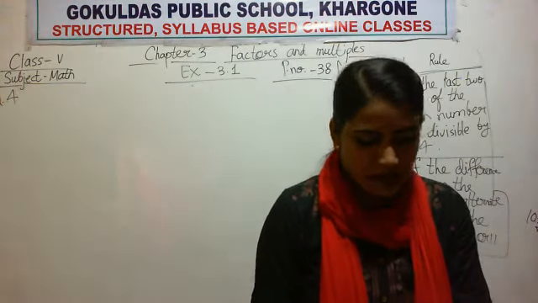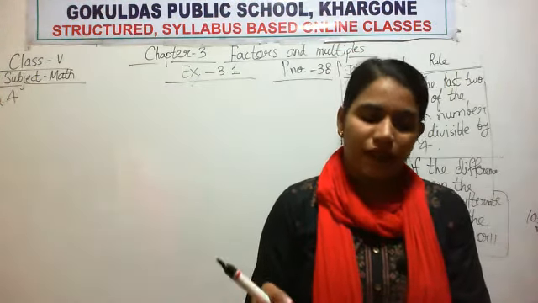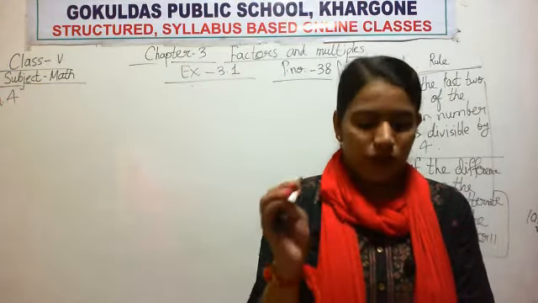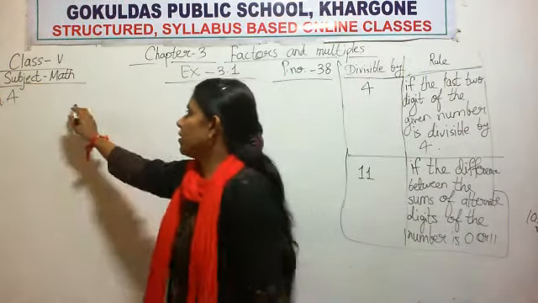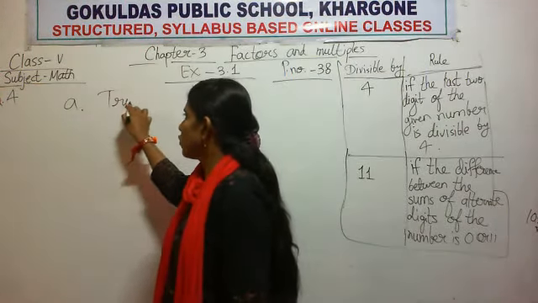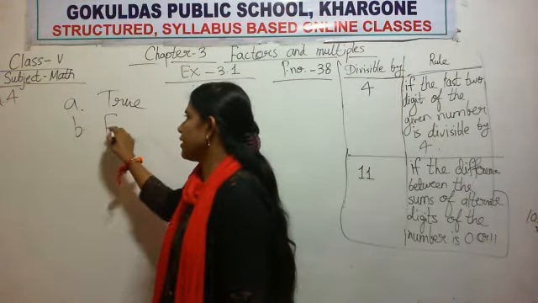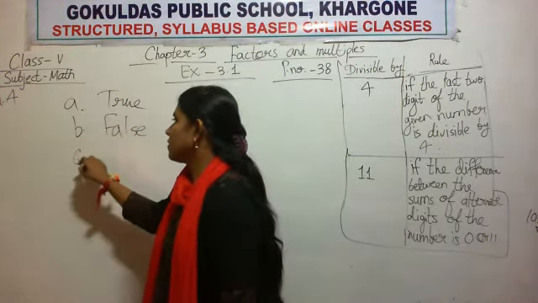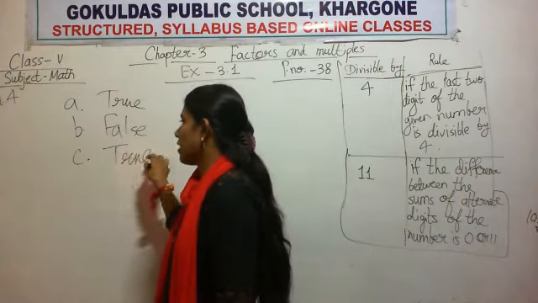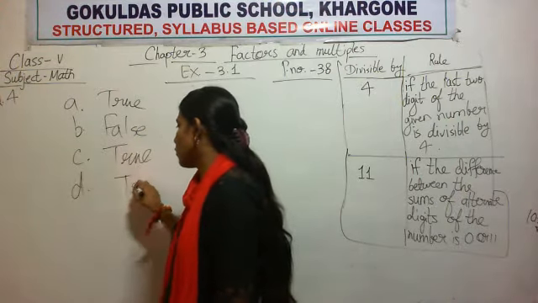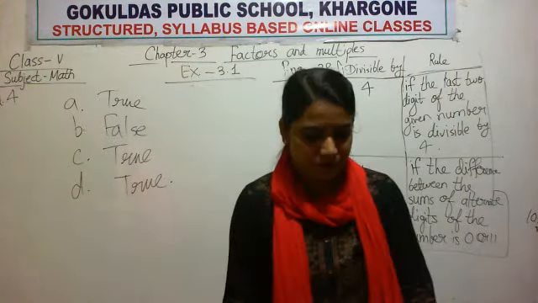So if a number is divisible by 30, then yes, you can divide it by 2, 3 and 5. So A is true, B is false, C is true, and the last one D is also true.